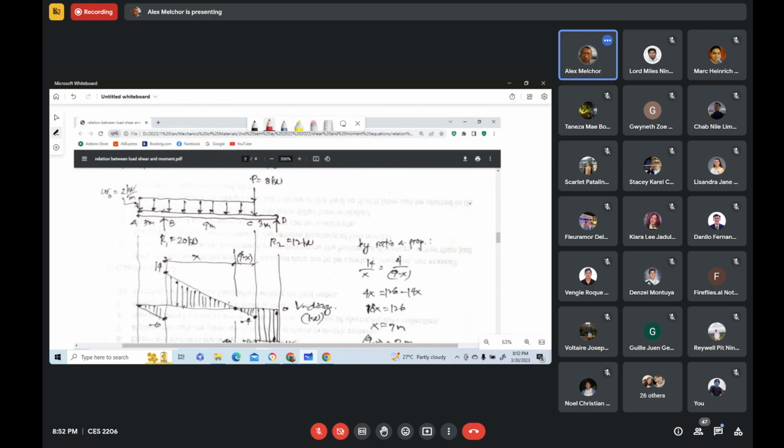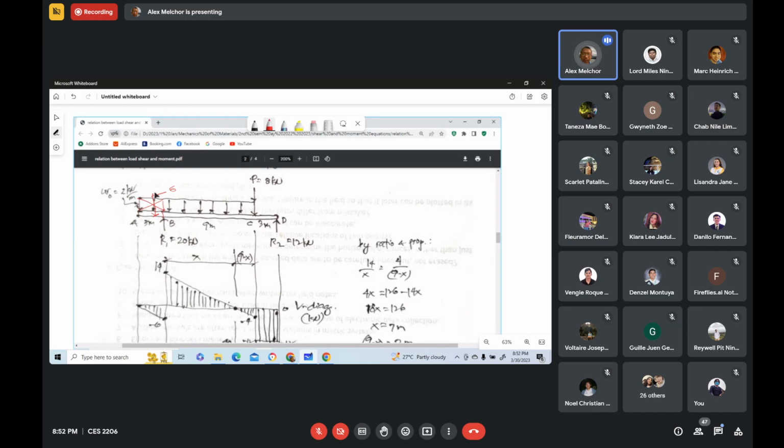So you have here the intensity of the shear to the left of B. You see, to the left of B, we have this part, and you have this force here. This is the resultant of this portion, and this force equals the area of this. That is 3 times 2, so that is 6.